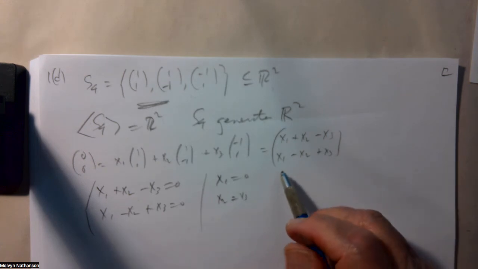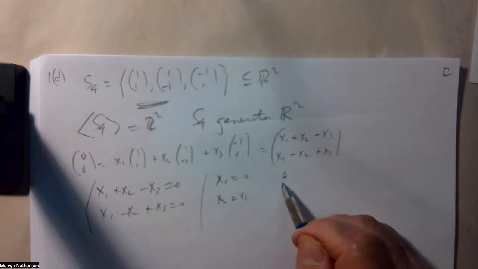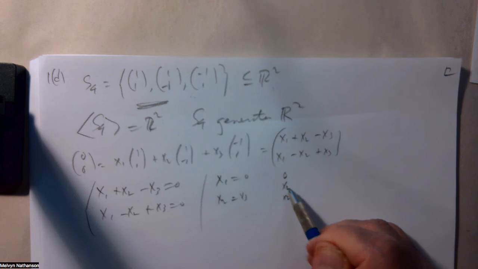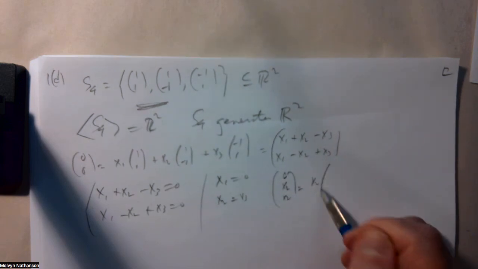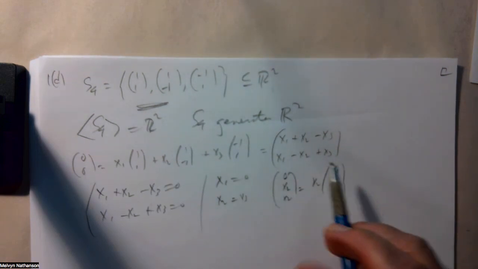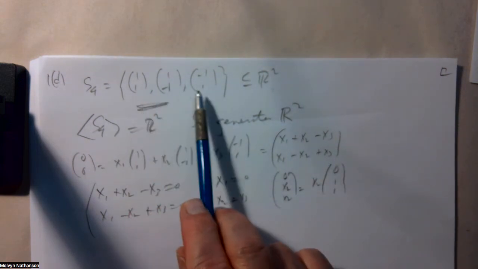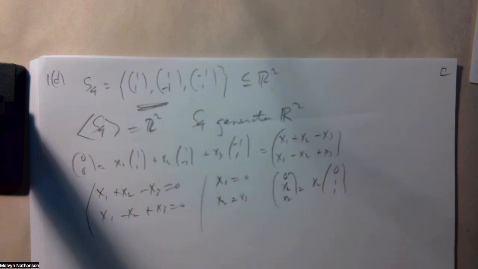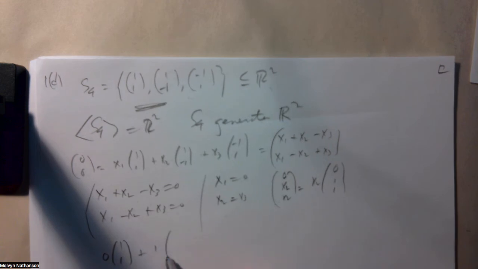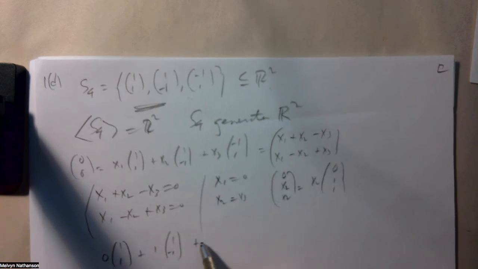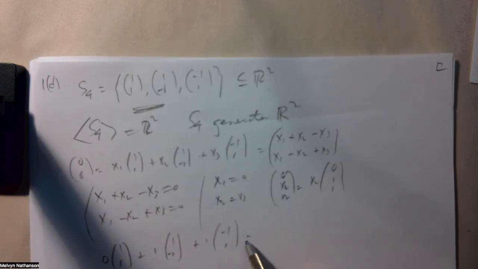So I could take any vector of the form (0, x2, x2), or x2 times (0, 1, 1), and that will give me a linear combination of these vectors equal to 0. For example, this is just the most trivial example. 0 times (1, 1), plus 1 times (1, -1), plus 1 times (-1, 1) is 0.